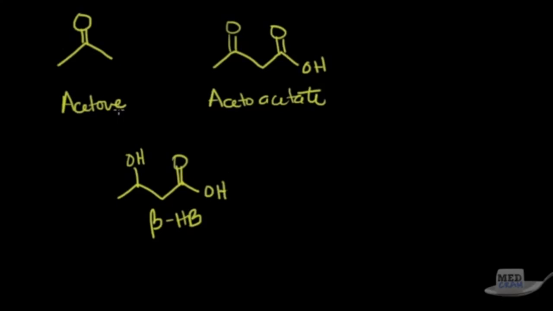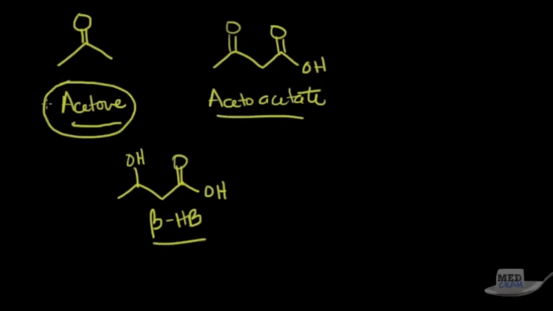As you can see, these are a result of these two carbon units coming together and the breaking up of ketone bodies. And so all of these actually are ketone bodies. Acetone is very volatile, and so it can turn into a gas, and this is what you smell on the breath of somebody who is in ketoacidosis. You get this acetone smell.